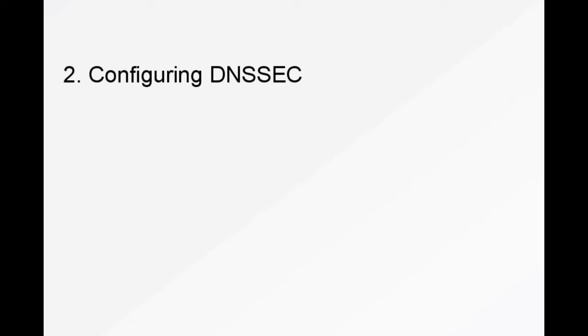So in this task we will enable DNSSEC on the secure.practicelab.com zone, the one we created earlier. Then we distribute the keys with the use of trust anchors among servers and verify the configuration.